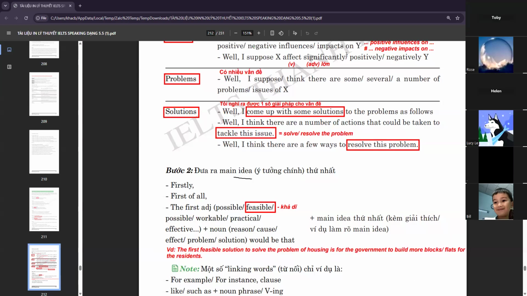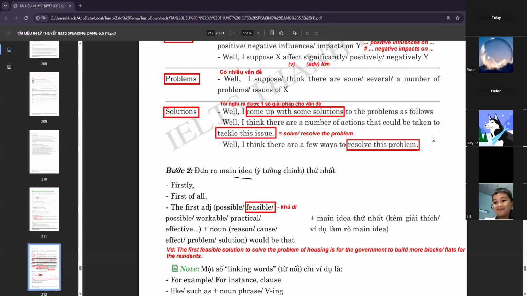I suggest you guys use words like those too. And then you would add the noun, which is the idea of your problem: reason, cause, effect, problem, or solution. This depends on the question you're answering. So, for example, if we had a solution question, I would answer, the first feasible solution would be that blah blah blah.